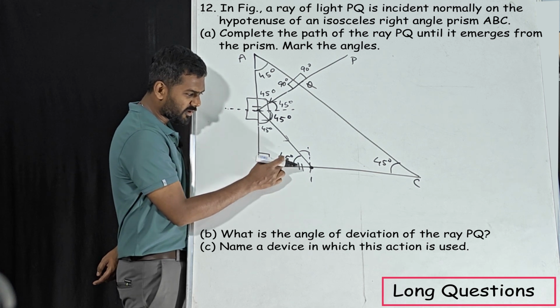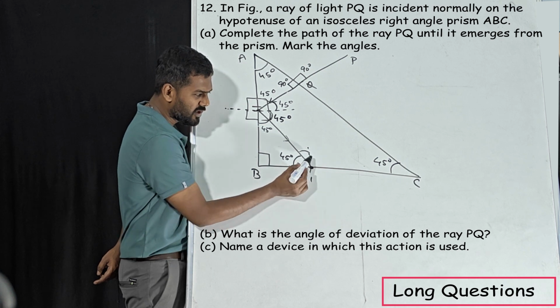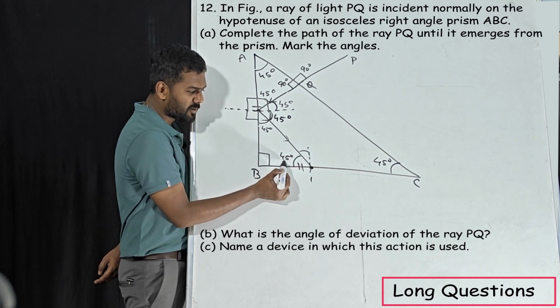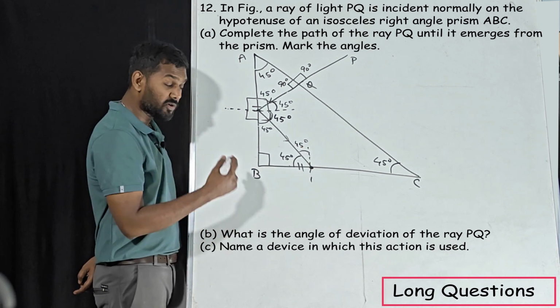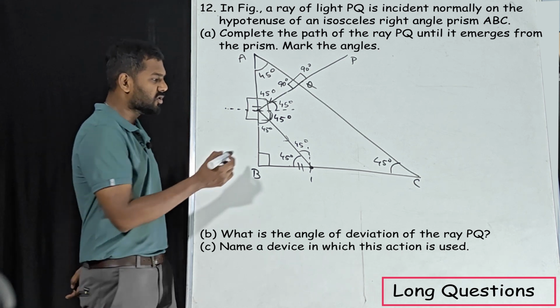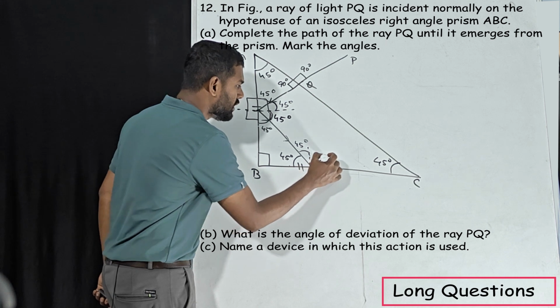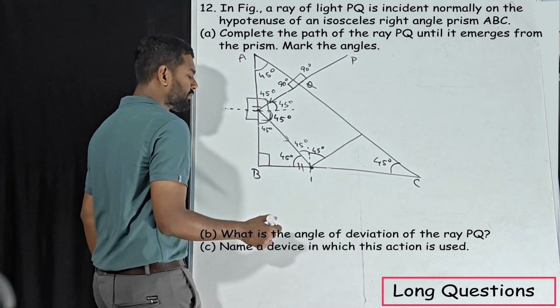Why do we require this one? Because this complete angle, from the normal till here, is 90. Some part is 45, so this will also be 45. Now you have to keep on practicing, then only you will get these kinds of questions properly. So the angle of incidence is greater than the critical angle, so total internal reflection with the same angle 45.